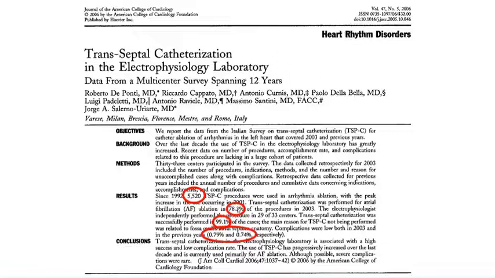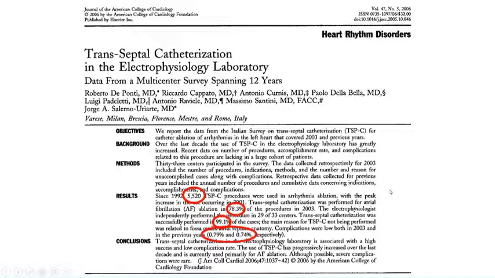That study was undertaken just to understand if the widespread of this procedure resulted in a disaster in terms of success rate and complication. You see here we had a very nice successful rate, which is close to 100%, and you see also that the complications were well below 1%, which is good.